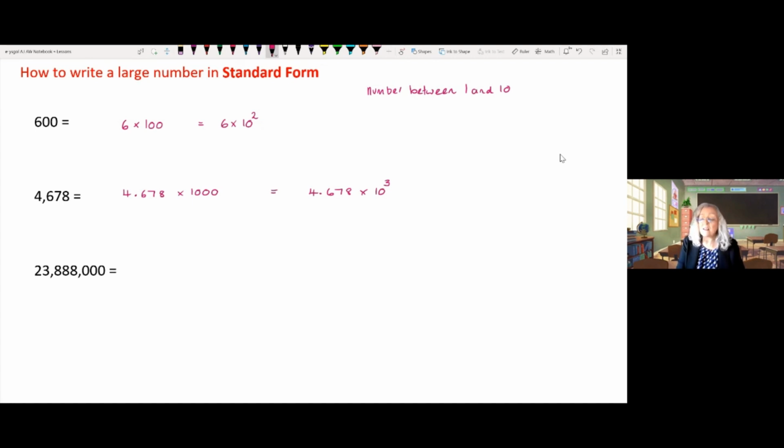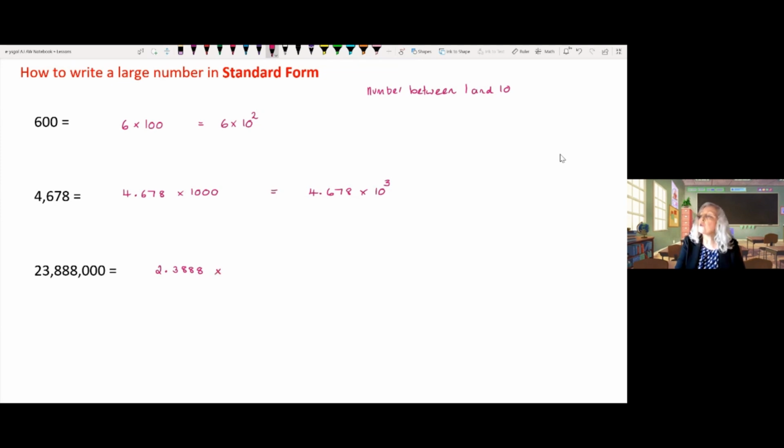So when I look at this last one, which is 23,888,000, looking at it to find a number between 1 and 10, I'm going to go with 2.3888. I don't need the zeros on the end because they don't have any value as a decimal, as in 2 point something. Now, what would I multiply that by?